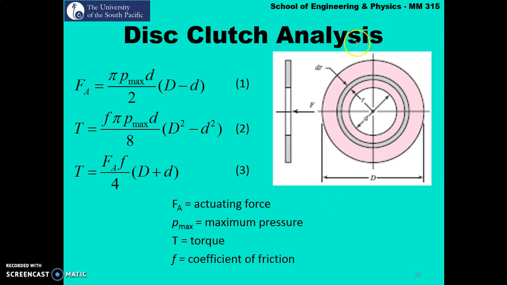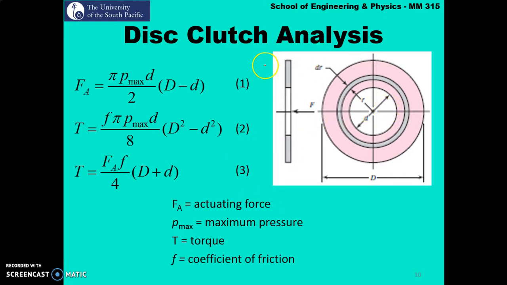Again, when you look at this diagram, capital D is the outer diameter of the disc clutch, small d is the inner diameter, Pmax is the maximum pressure, sometimes called the lining pressure, f is the coefficient of friction, and Fa is the actuating force.